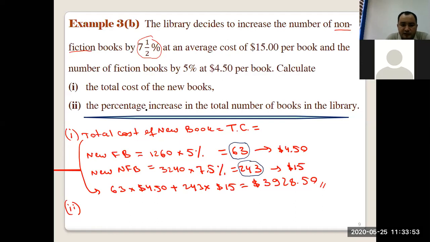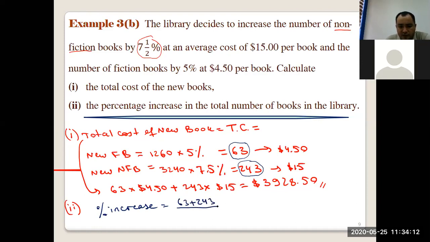It states the percentage increase in the total number of books in the library. So we added this many new books, right?